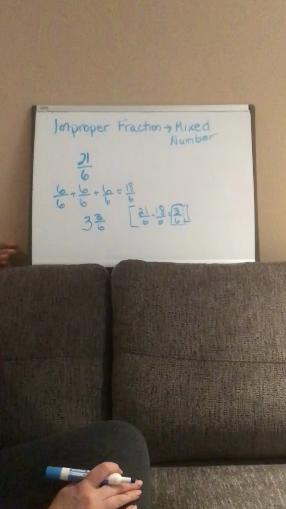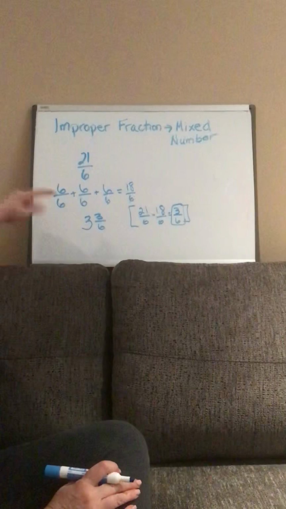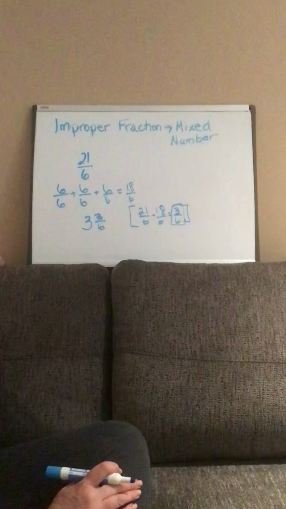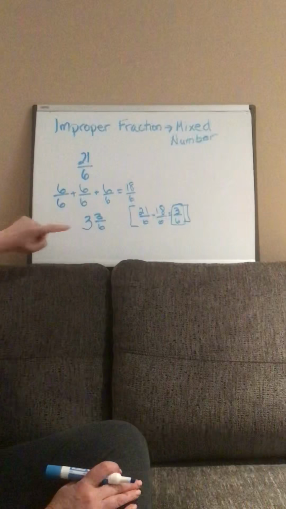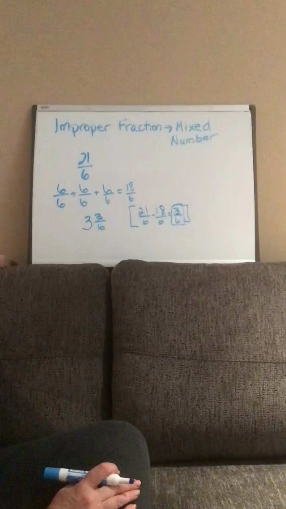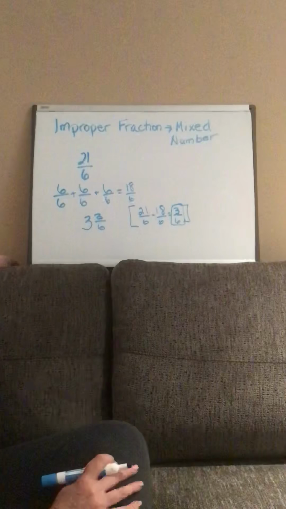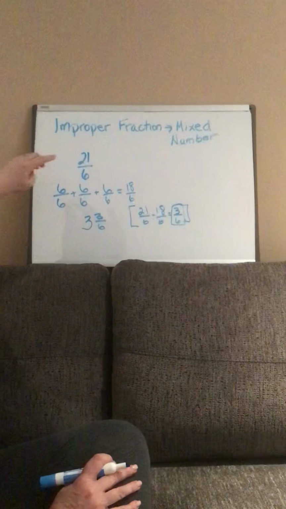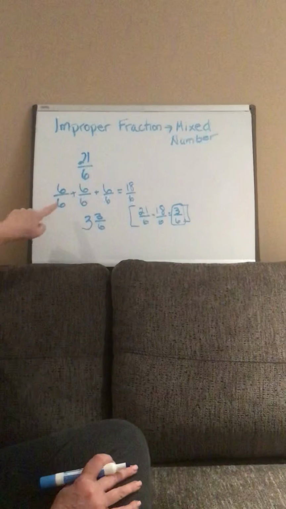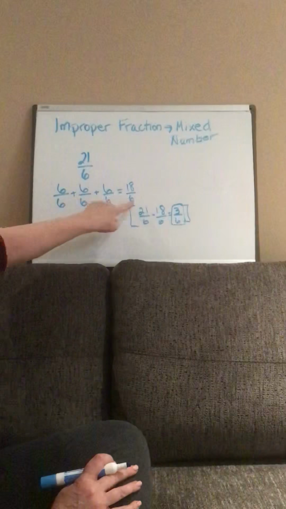The first thing you need to know also is that, until the very end of this unit, we're not going to worry too much about putting these things into lowest terms. That's the last step we need to worry about. So right now, I've taken 21 over 6 and broken it into whole pieces.